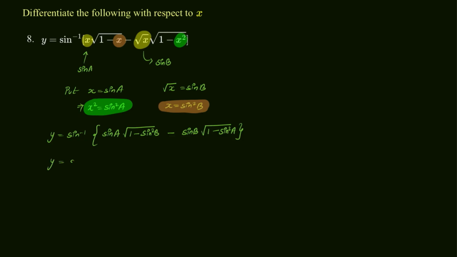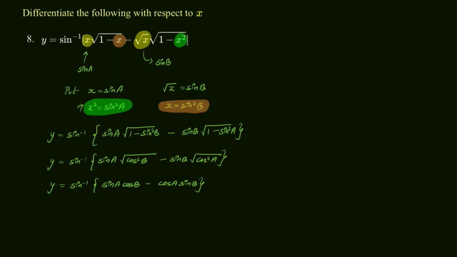So y equals sine inverse of sine a square root of 1 minus sine square b, which is cos square b, minus sine b, 1 minus sine square a, which is cos square a. Hence my function will be sine inverse of sine a square root of cos square b, which is simply cos b, minus square root of cos square a, which is cos a, and there is sine b here.